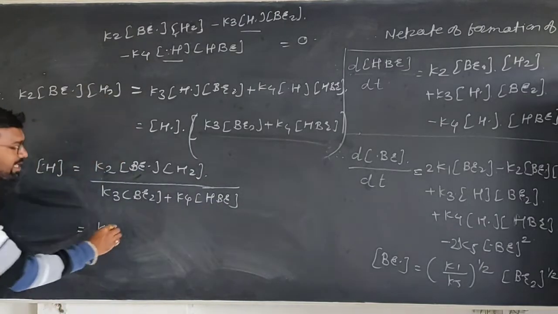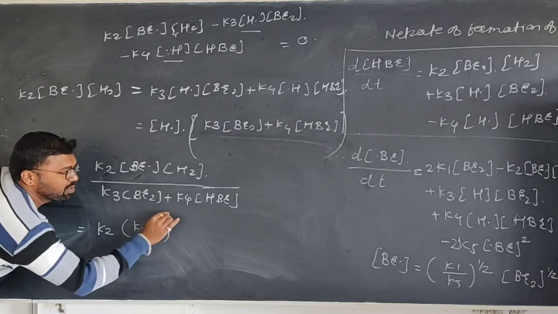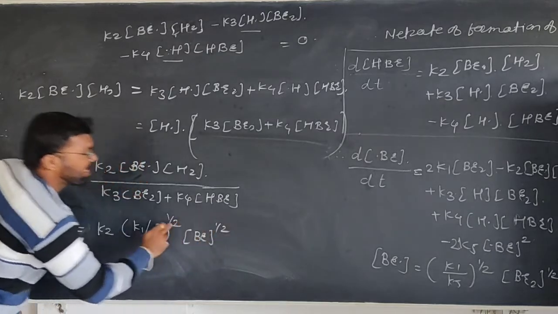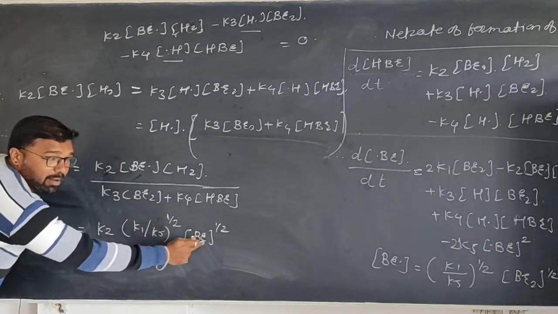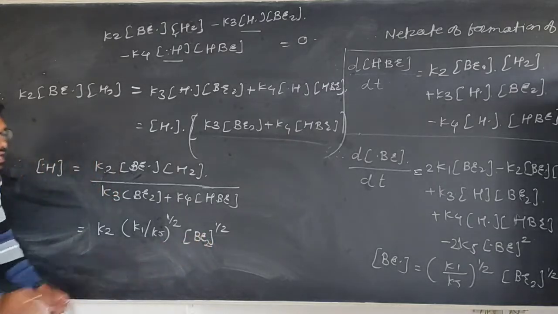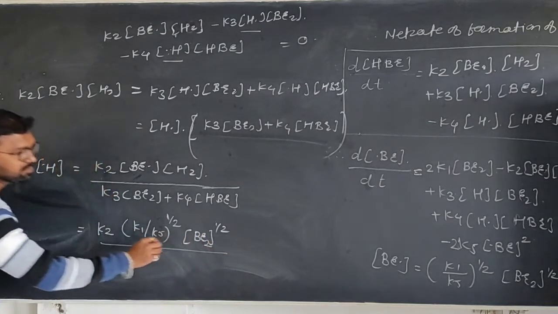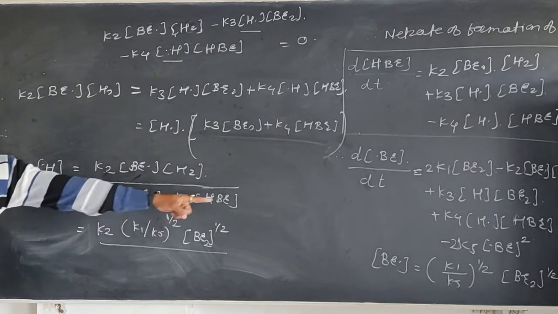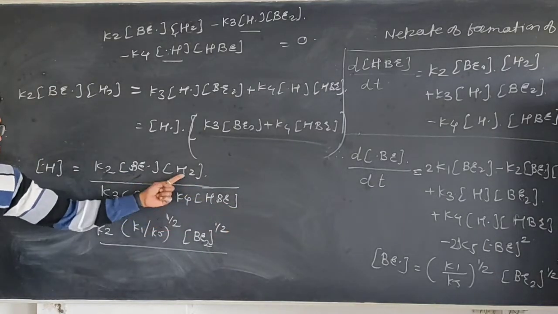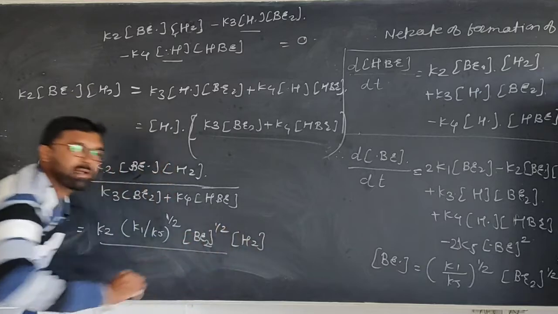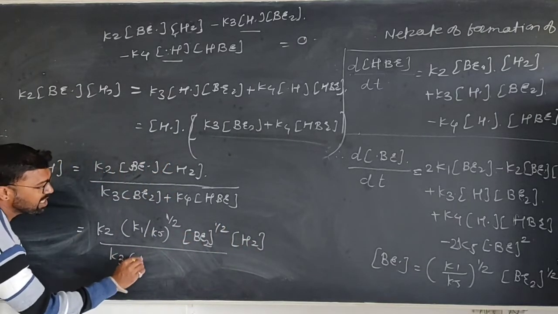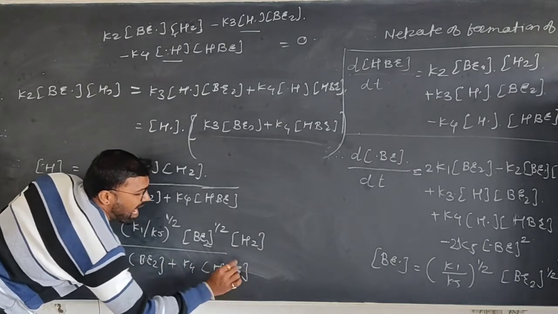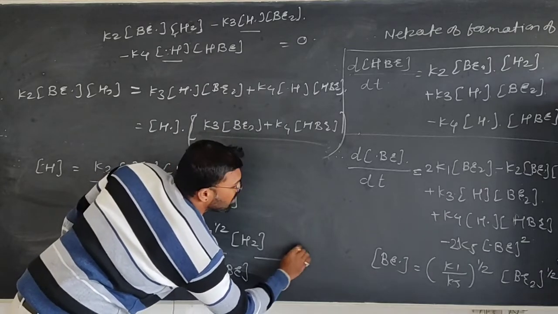The value of bromine free radical is K1 upon K5 raised to half, Br2 raised to half, divided by K3 into Br2 plus K4 into HBr, with the hydrogen in the expression remaining as it is. This is expression number 5.